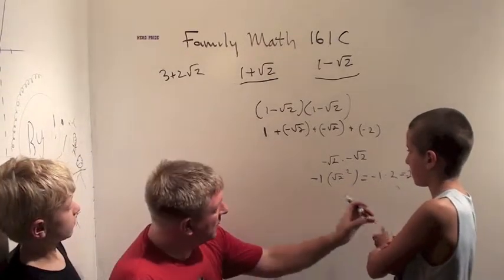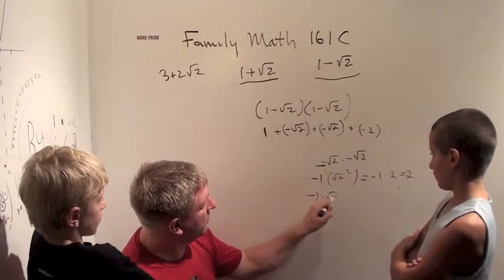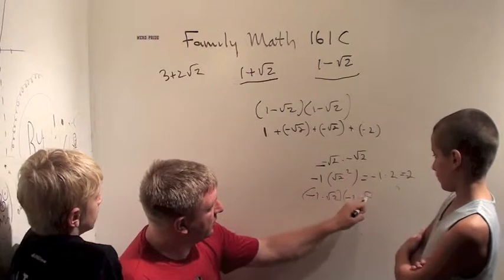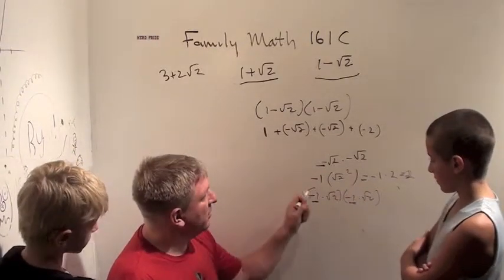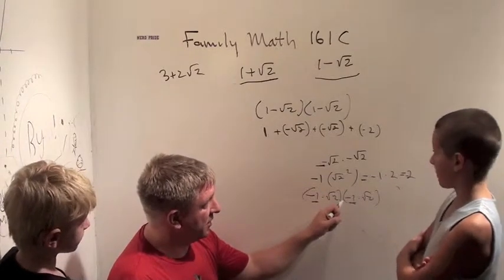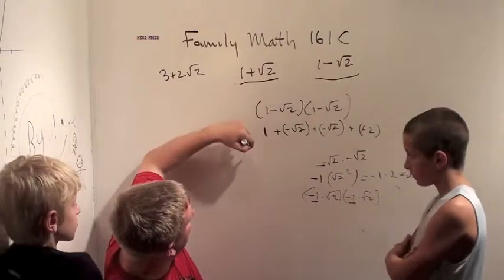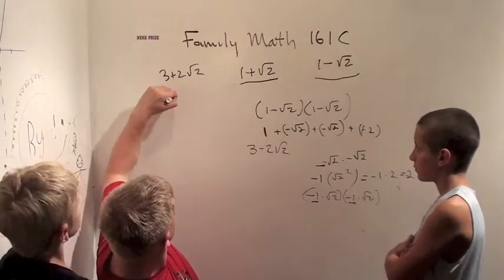Well, what happens is you have a minus 1 here, so this is minus 1 times the square root of 2 times minus 1 times the square root of 2. So there's actually 2 minus 1s. They multiply together, and they produce a positive 1. So this is a plus 2. So when I multiply it all out, I get 3 minus 2 times the square root of 2.